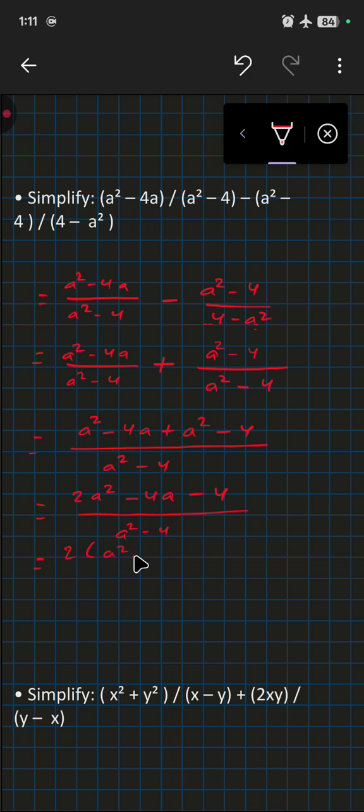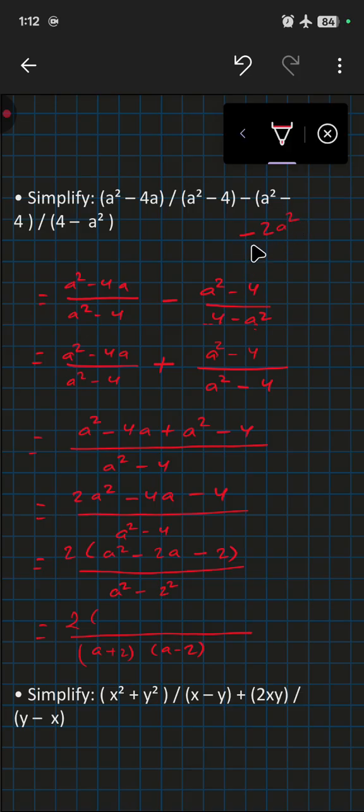It will become a square minus 2a minus 2 whole upon a square minus 2 square I can do, so that it will go into product form. Down a plus 2 into a minus 2. On the top we have to multiply 2. Now first into last, if you will do, it will come minus 2a square.